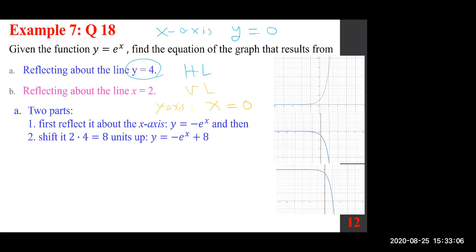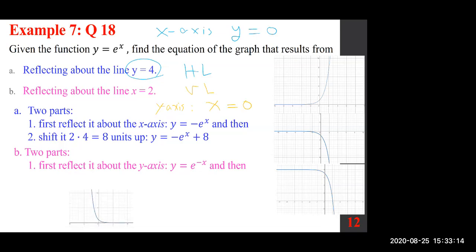So first we do the reflection accordingly with respect to the y-axis, which gives us this. And then we shift it by 4 units, 2 times 2 or 4. And that's what we get.